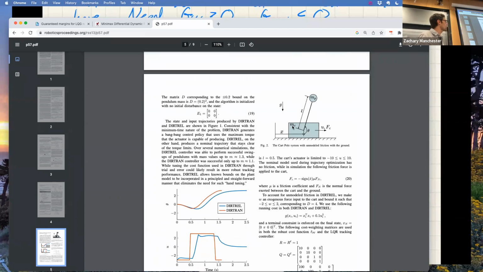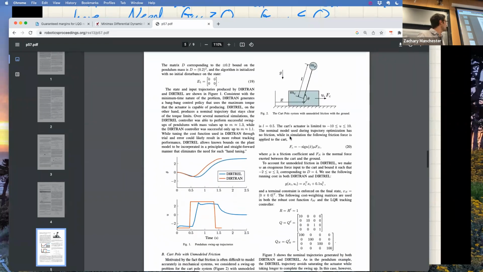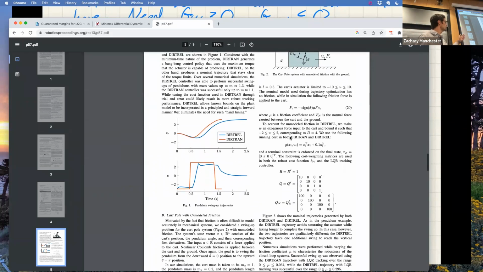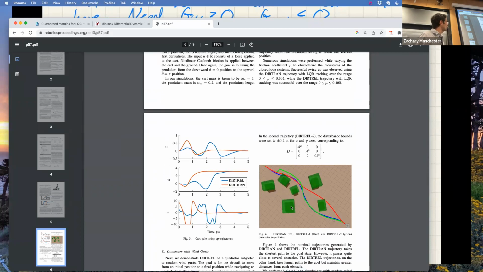So we did Cart-pole with all kinds of uncertain stuff and showed that it doesn't swing up successfully with standard stuff. And then if you do the robust stuff, it works. The most fun example in here was a quadrotor flying through trees with wind gusts. So you don't know the wind gusts beforehand, right? So the thing that comes out of this is kind of cool. Red is the trajectory you get with the vanilla version of this, where it just takes the shortest path essentially.